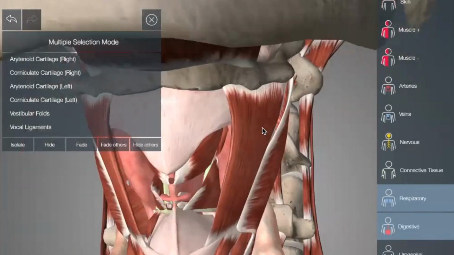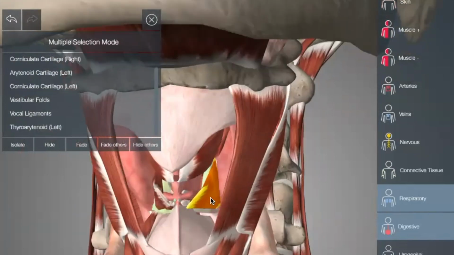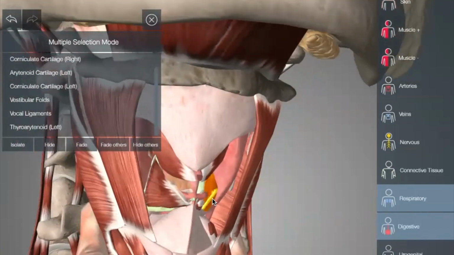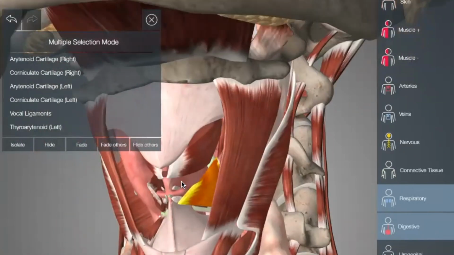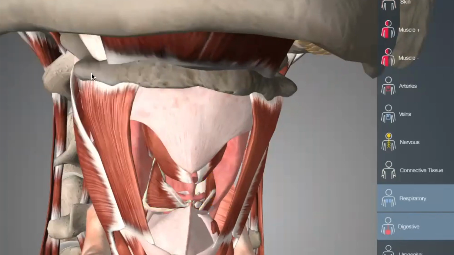You have a muscle here called the thyroarytenoid, which controls the arytenoid, and the arytenoid is connected to the soft tissue of the larynx, and these movements cause tension in the vocal cords. This is why these cartilages are so important.